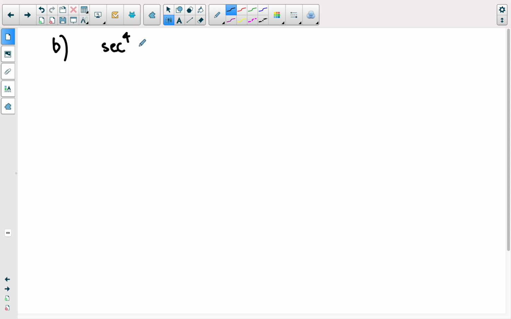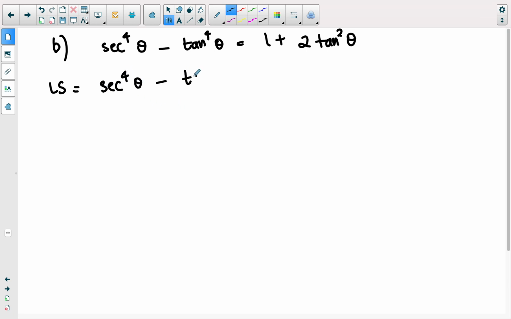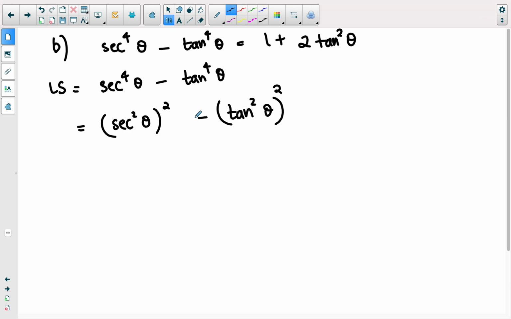So here I'm starting with the left side: secant to the power of 4 theta minus tan to the power of 4 theta. I'm going to rewrite this as secant squared theta squared minus tan squared theta squared, so that I can see this as a difference of squares.